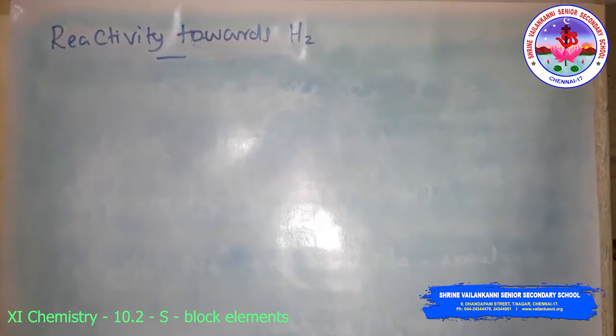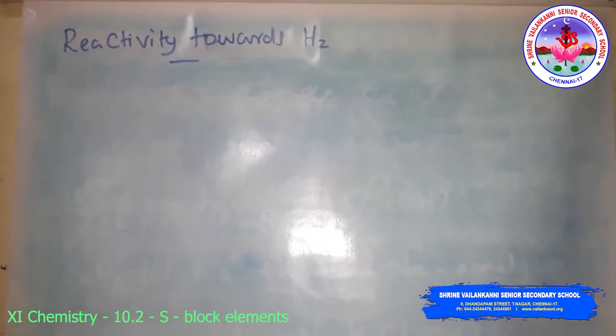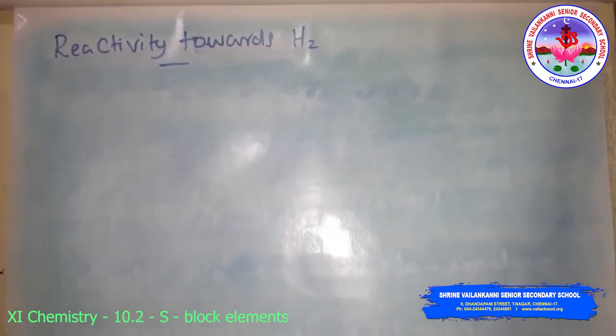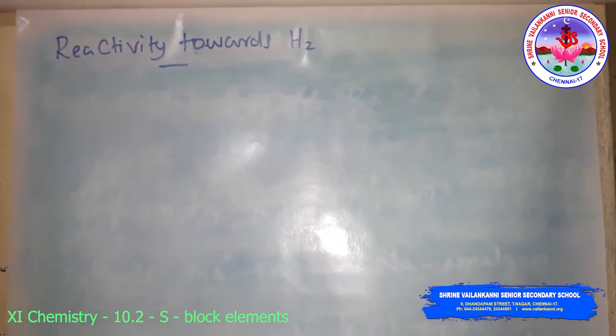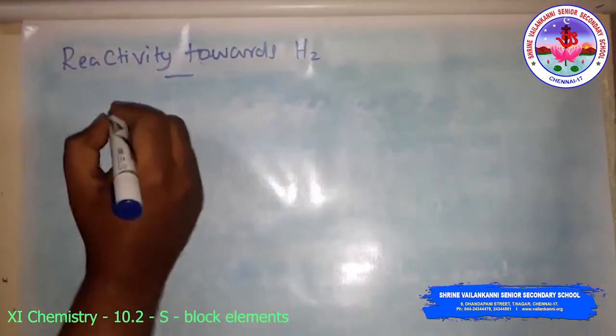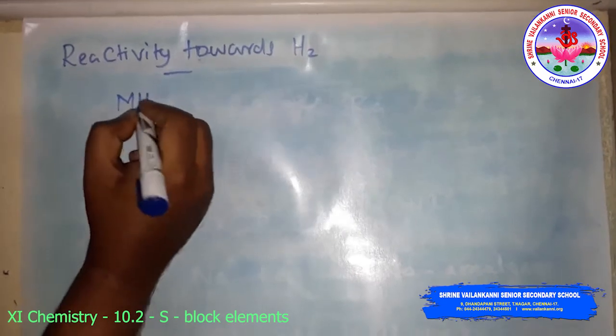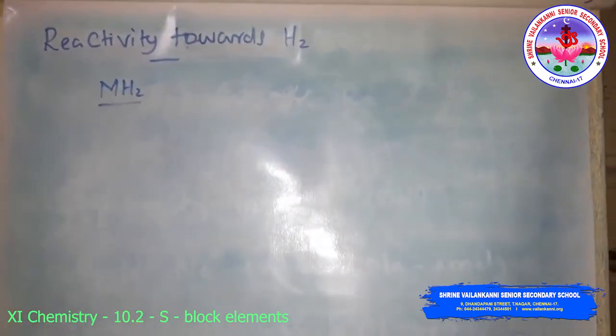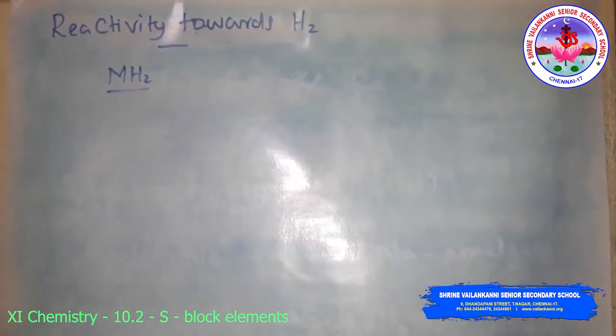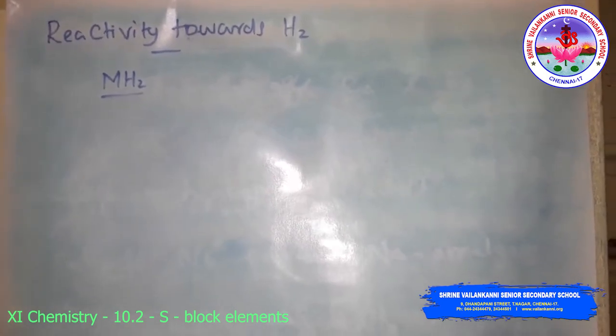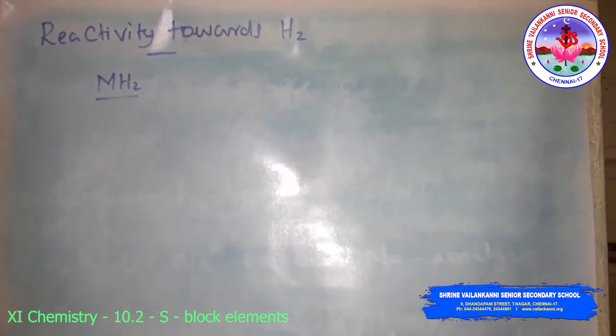Reactivity towards hydrogen. All the elements except beryllium combine with hydrogen upon heating to form their hydrides, that is metal hydride MH2. Beryllium hydride, however, can be prepared by the reaction of beryllium chloride with lithium aluminum hydride.